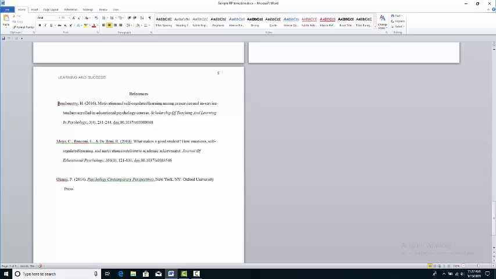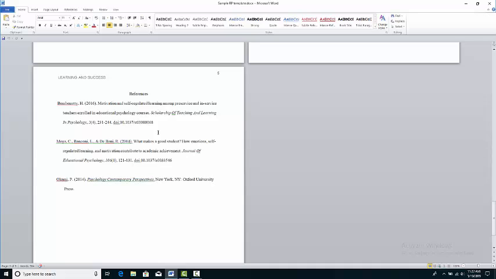You will notice that the authors are in alphabetical order, and you will notice that the first line is flush far left, but all subsequent lines of a single citation are indented, so you can literally use the tab key. You are probably just going to be copying and pasting these APA formatted references. You don't want to have to figure out how to put the comma and the period and the parentheses and the italics and all of that.